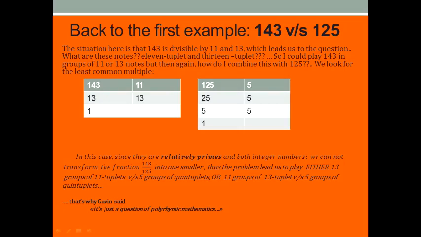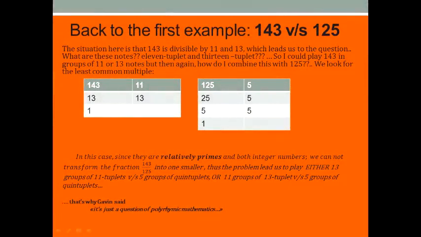So what we do is look at the least common multiple, and for this I make this table, dividing each number into its prime divisors. So what we can do is either play 13 groups of 11-tuplets versus 5 groups of quintuplets, or 11 groups of 13-tuplets versus 5 groups of quintuplets.